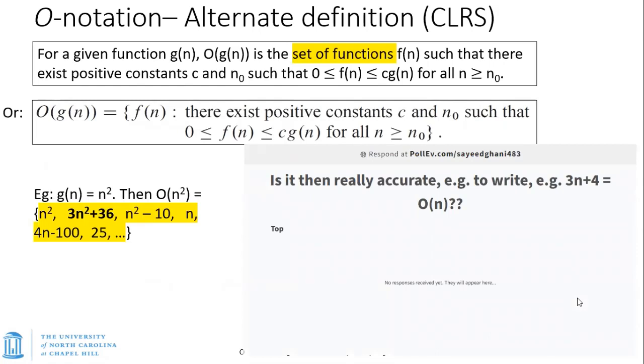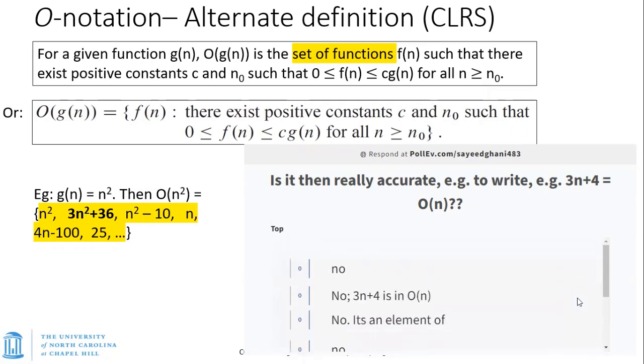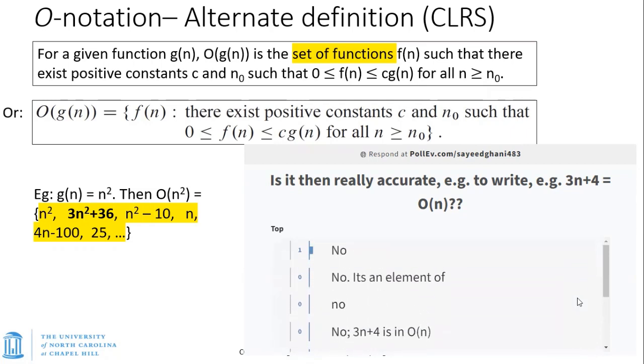Okay, so now the question is, this notation seems to be a little confusing for a set notation. So when we say that 3n plus 4 is equal to order of n, people who are mathematicians, is that the right notation? Is an element, right?